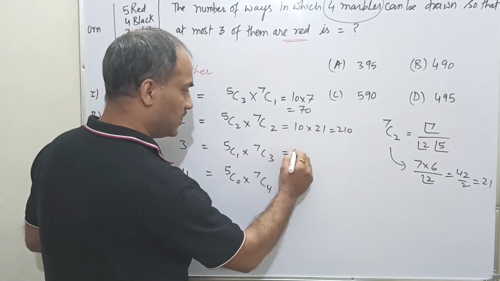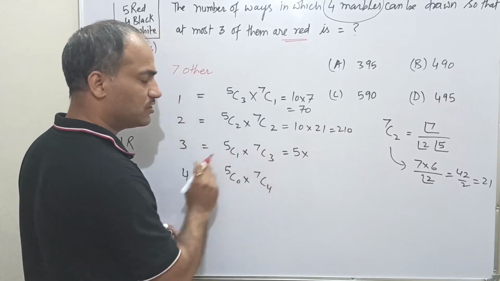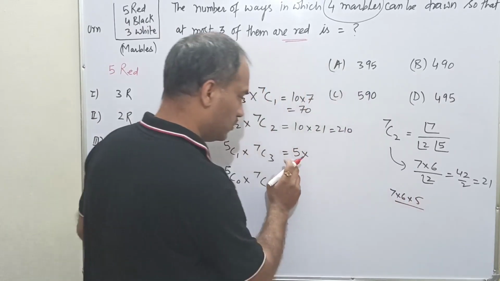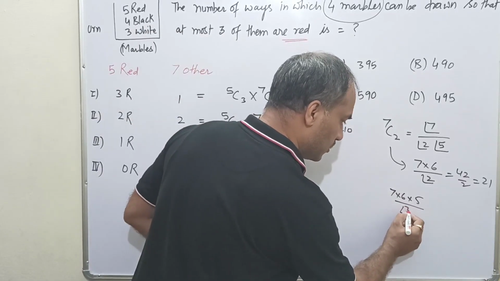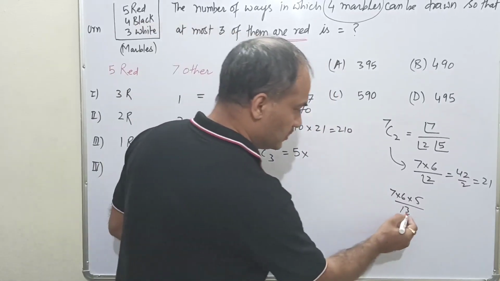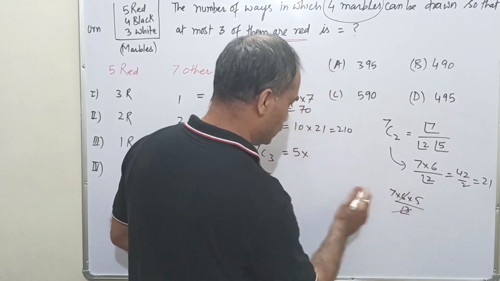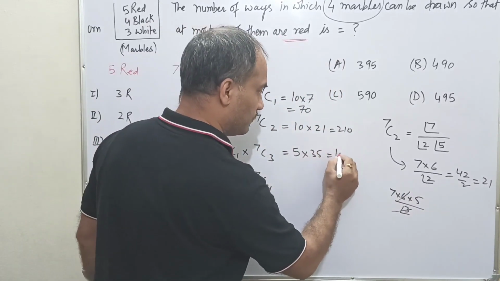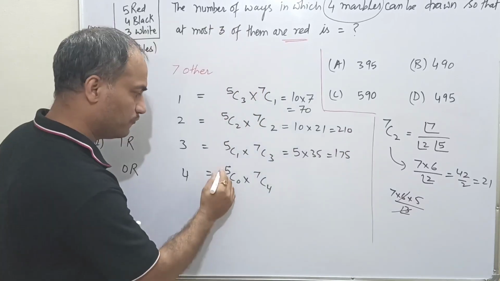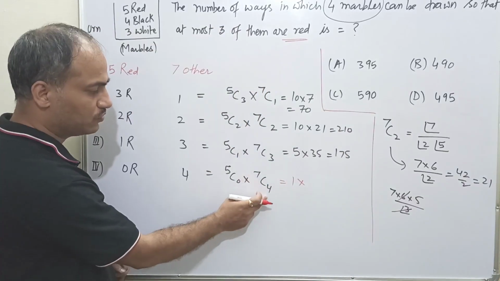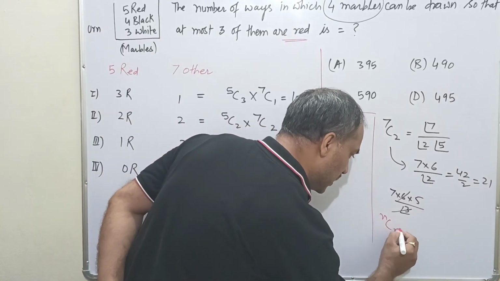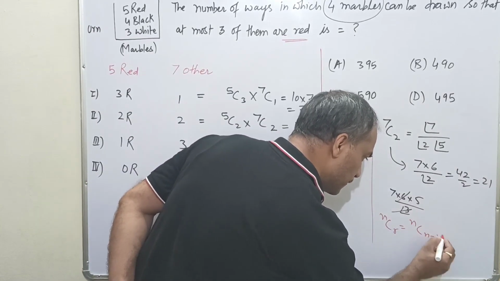Here 5C1 is 5 into 7C3, which is 7 into 6 into 5 upon factorial 3, and factorial 3 we know is 6. So this is cancelled. 7 5s are 35. So 35 5s is 175. Now 5C0 is 1, and 7C4 and 7C3 are the same value because we have the formula nCr is nC(n minus r).